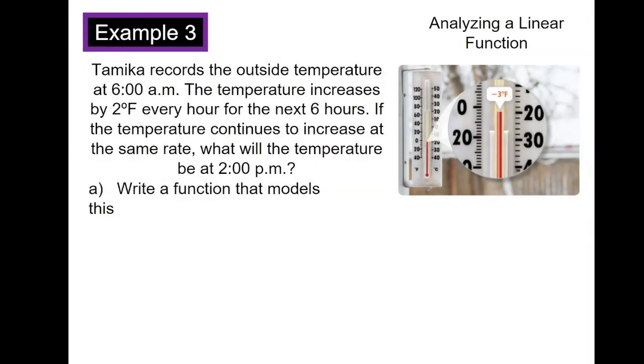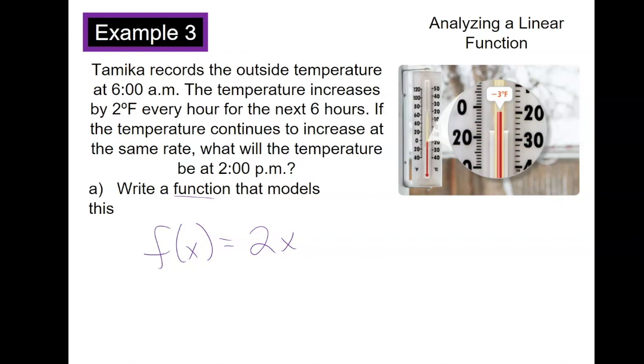First, we need to write a function that models this scenario. So what do you think that would be? If you're thinking, I'm going to use function notation because it says write a function. Well, we know it's increasing 2 degrees every hour, so that would be 2x.